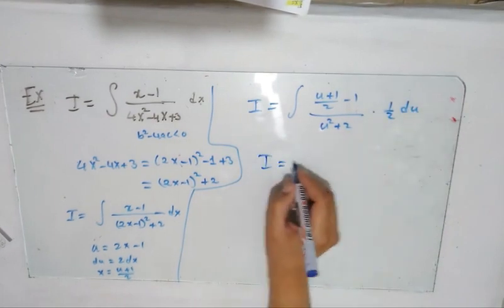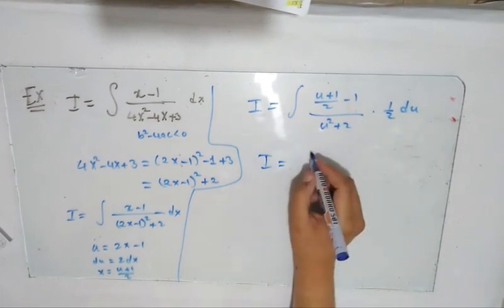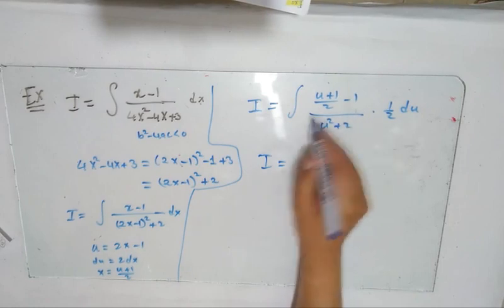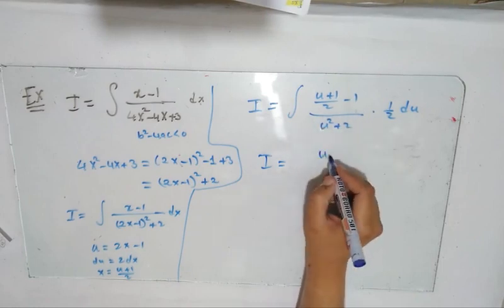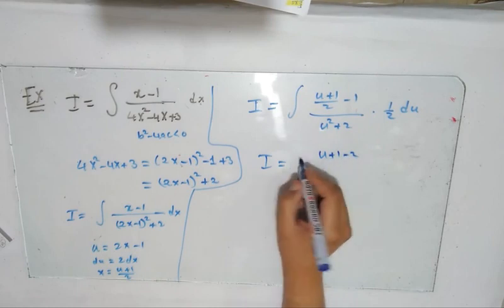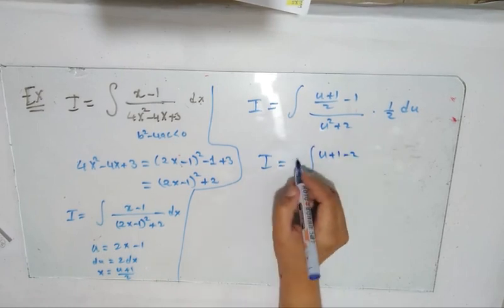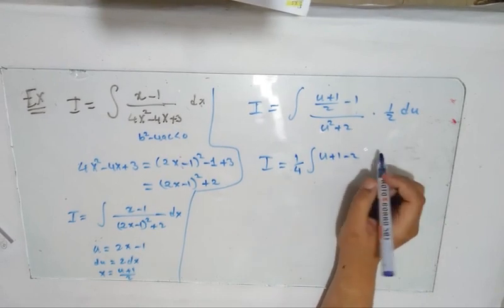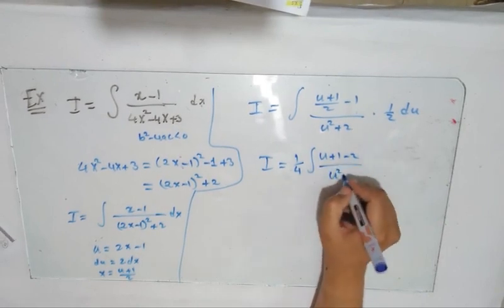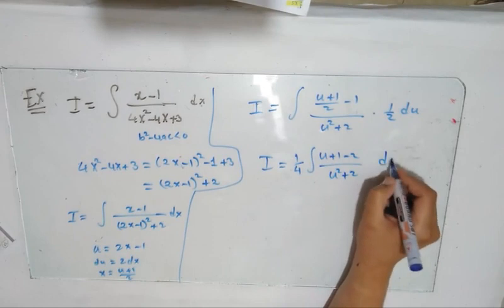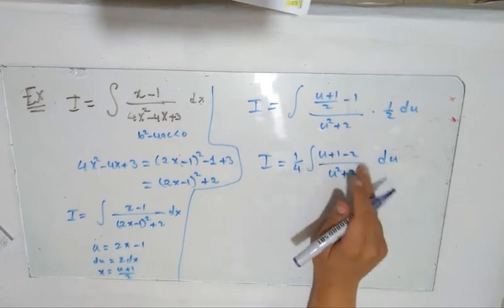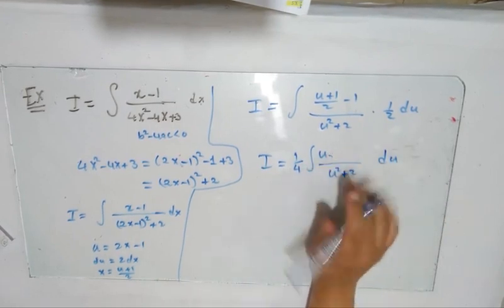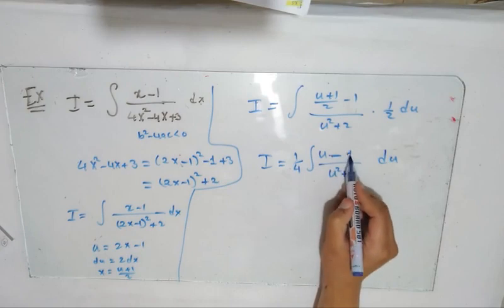So our integral becomes, if we make a common denominator, (u plus 1 minus 2) over (u squared plus 2), and half times half will be 1 over 4, du. So u plus 1 minus 2 is the same as u minus 1.